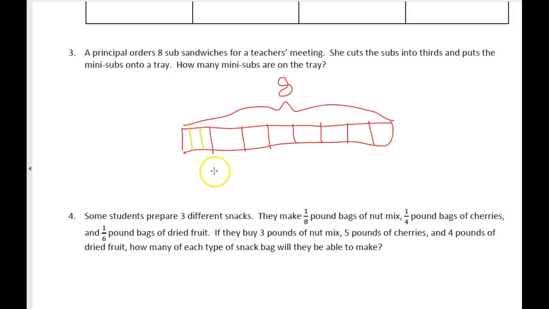So each one is going to be cut into thirds. So if you do that, then each one of these is worth 3, right? Without having to make all your lines, you know that you're going to get 3 thirds out of each one of them. And then we think about, okay, so if each one of those happens to be worth 3, 3, 6, 9, 12, 15, 18, 21, 24. So then there are 24 mini subs.